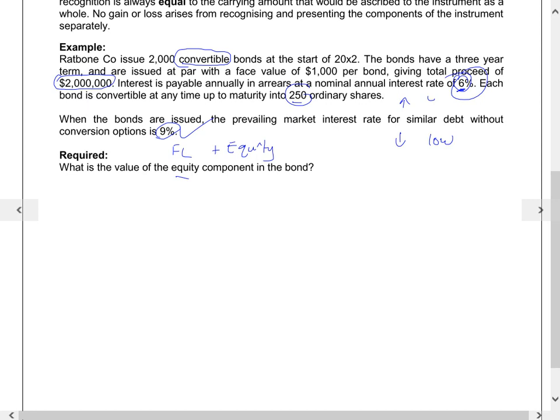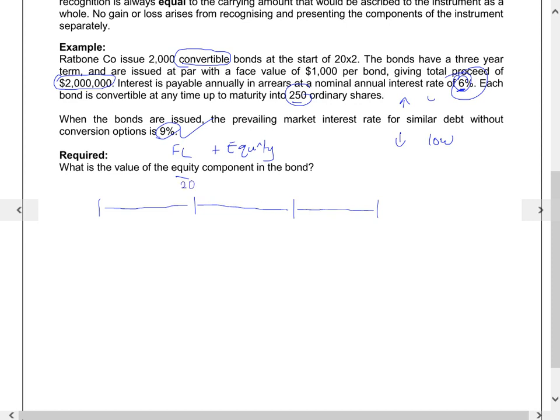So 3 future cash flows discounted to present value. These 3 are my loan: interest, interest, interest and principal. Discount, discount, discount. This is my total.